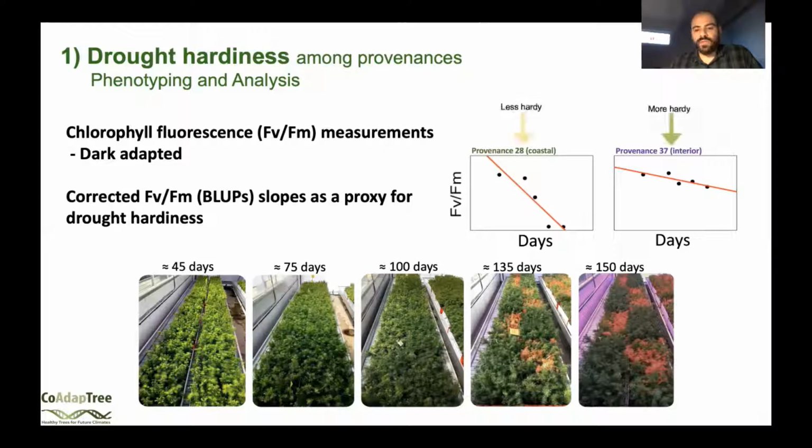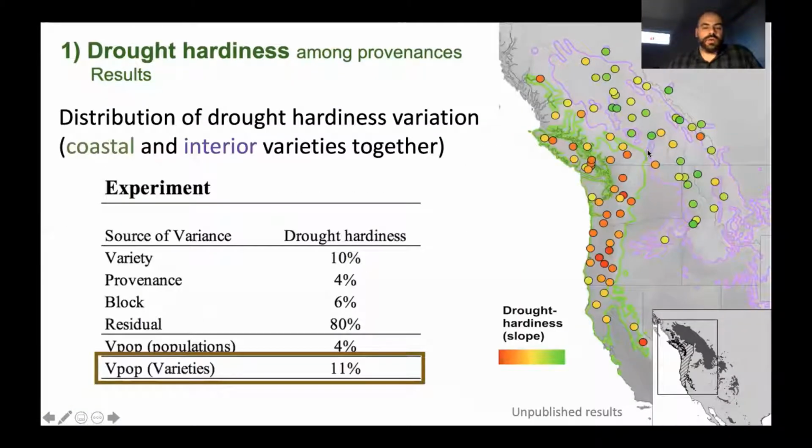And here we have two examples, one of a less hardy individual and the other one a more hardy individual.